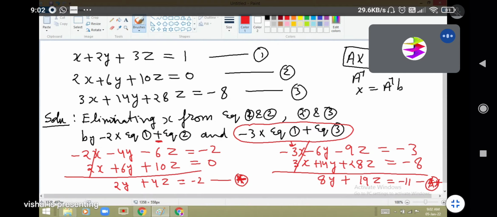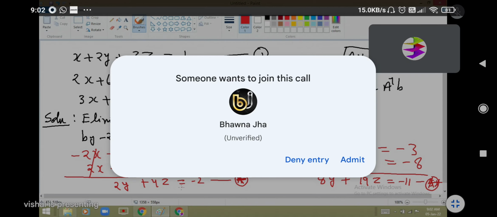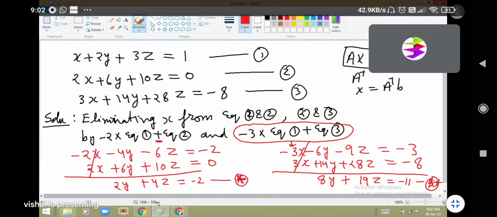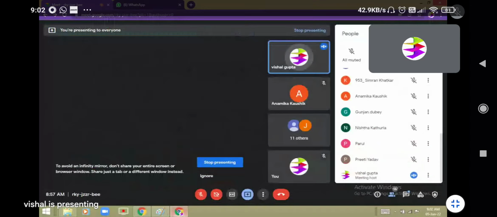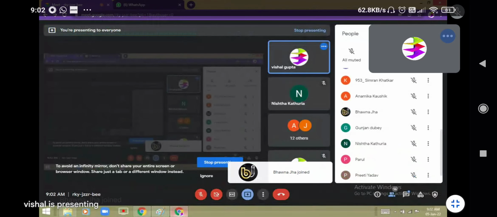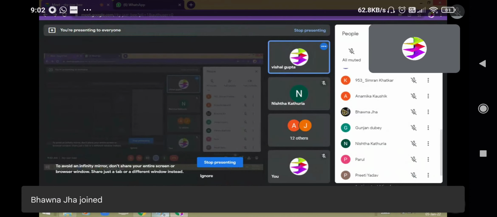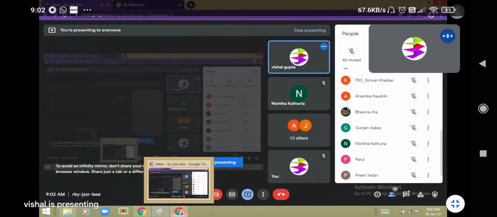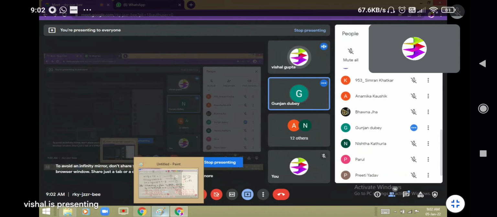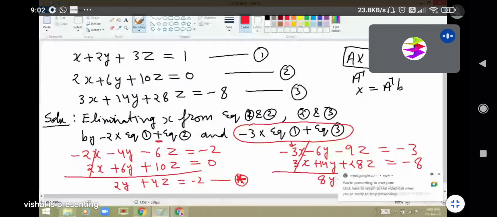Okay, now it's clear to all of you how you will find equation number star and double star. My question is whether the calculation I have done is clear to you or not.